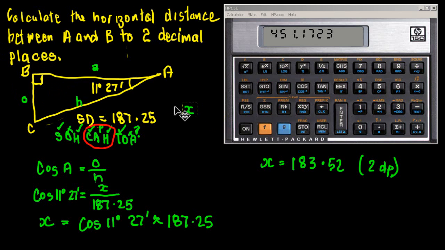There it is there, and I'll just drag it over there so x is just there where we want to find it. Okay, so that's that one sorted. Not too much problem there. So yes, we want to find x, the adjacent.